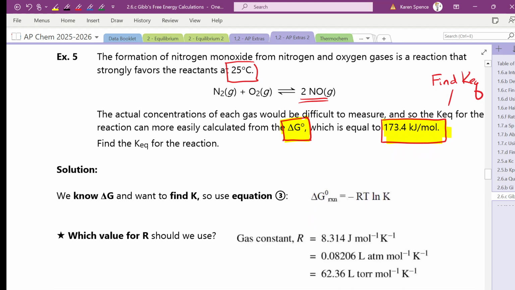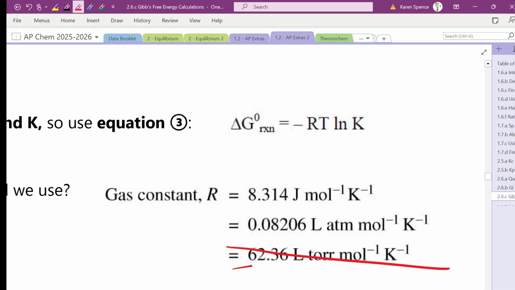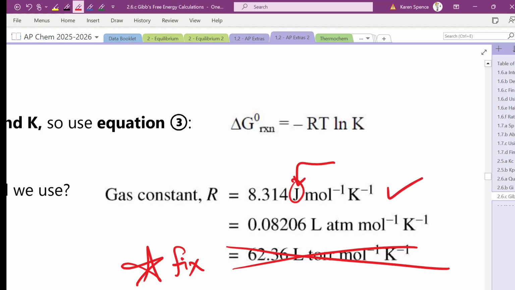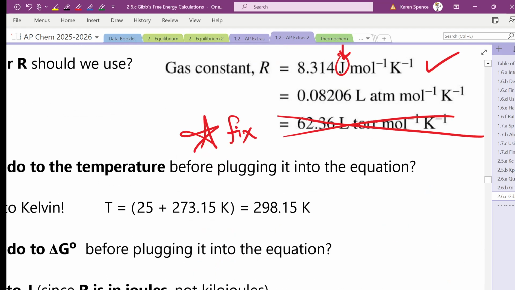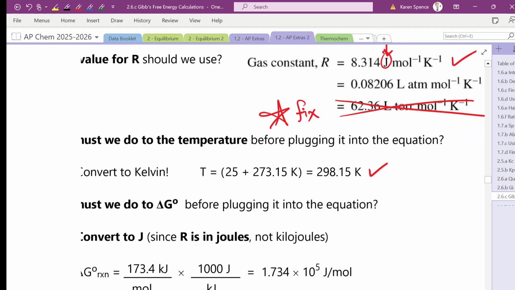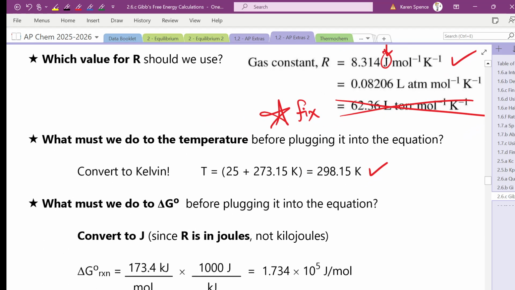Once again, which value of R should we use? The one with the joules. What should we do to temperature before we check it in the equation? Make it Kelvin. Okay, I know I'm being repetitive, but the more you get it hammered into you, the more likely you are to do it when under pressure.